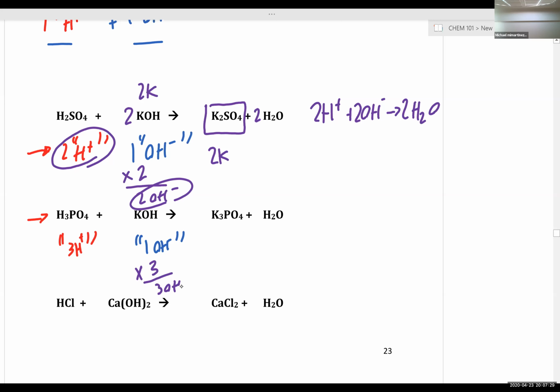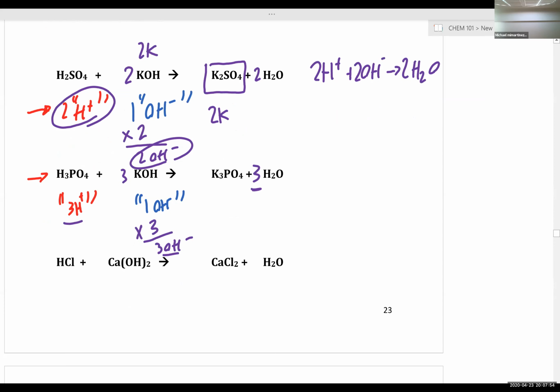So that gives us 3 hydroxide, so we put a 3 in front. And if we have 3 H+ and 3 OH, how many waters are we making? 3, exactly right. So this is a nice trick to balance acid-base reactions efficiently.